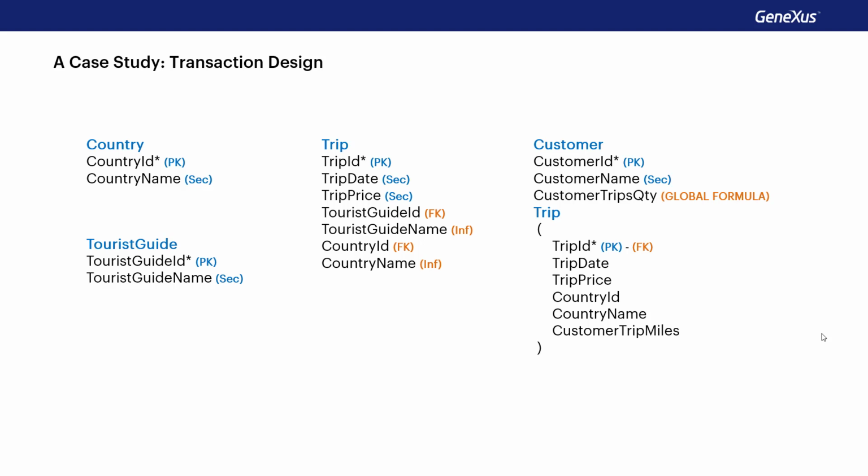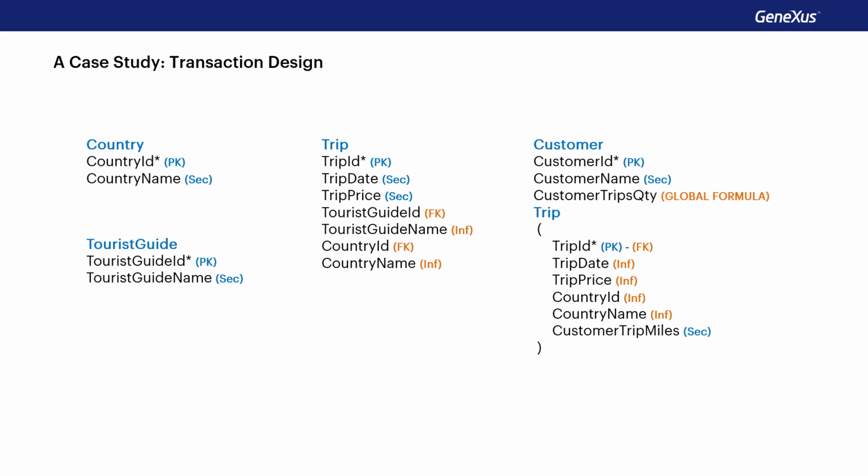This means that now in the second level of customer, these attributes will be inferred by the trip ID value. So, country ID was a direct foreign key stored in trip, and now is an inferred foreign key on this second level of customer. What happens with the attribute customer trip miles? It's a secondary attribute of this level.